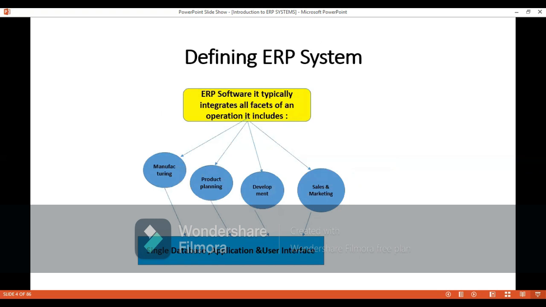So we're either talking about products or services. The ERP is integrating all the operations, which could be the manufacturing, the product planning, the development, and the sales and marketing.